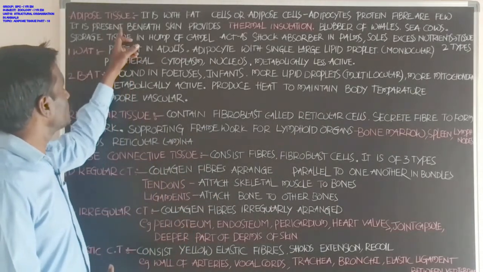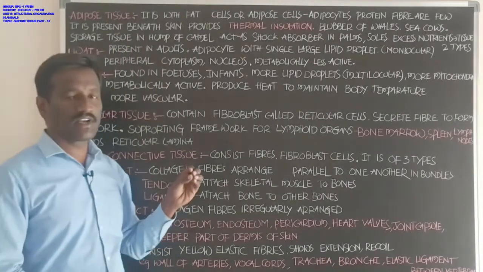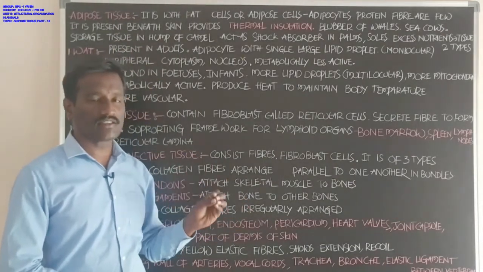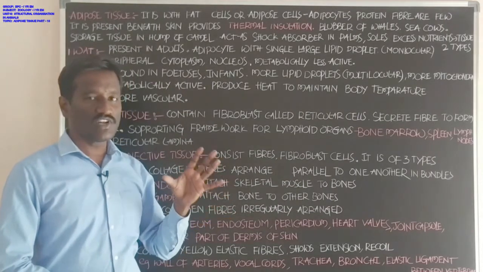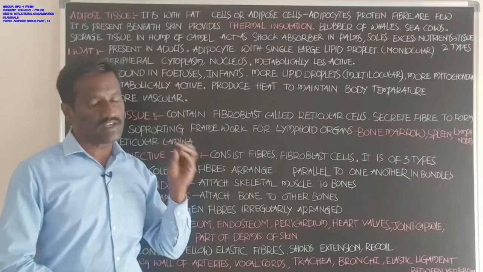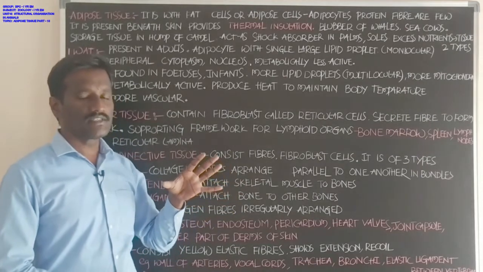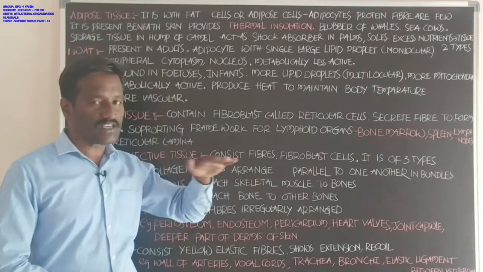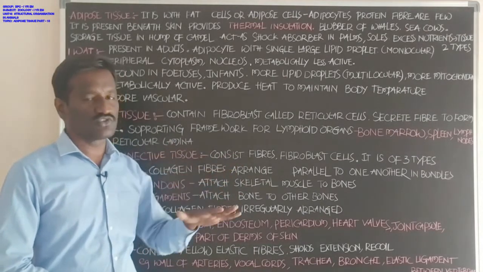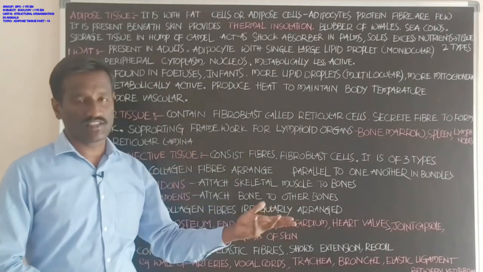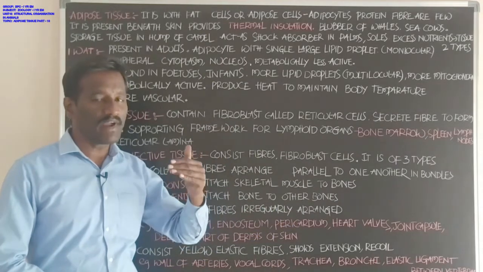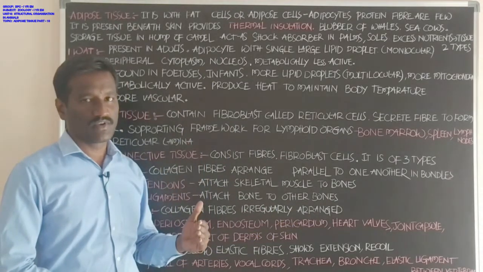And student, adipose tissue is present beneath the skin and provides thermal insulation. Insulation means keeping it in. By the presence of the adipose tissue, the body never loses its temperature, and it helps maintain the temperature.